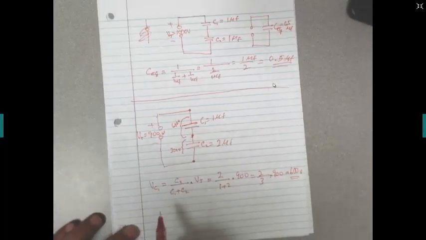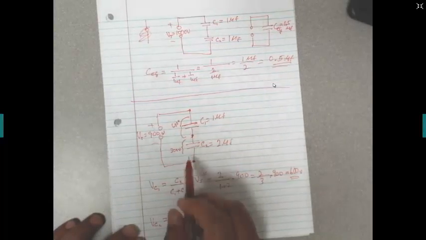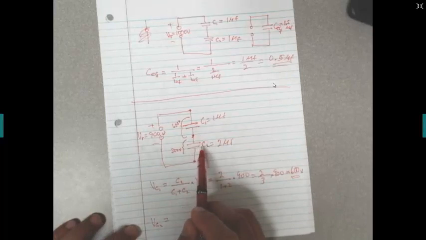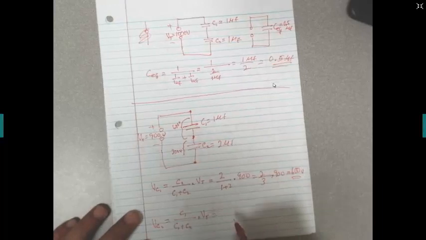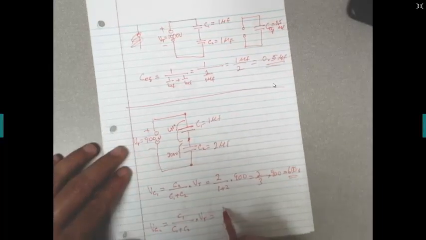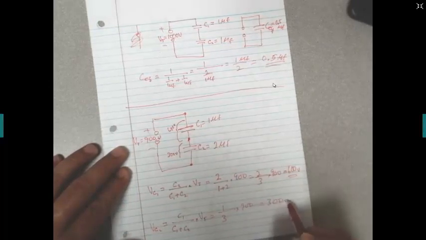So let's do VC2, the voltage across this one. It's going to be C1 divided by C1 plus C2 times the total voltage VT, and that's going to be 1 divided by 3 again times 900, and that will give you 300 volts.